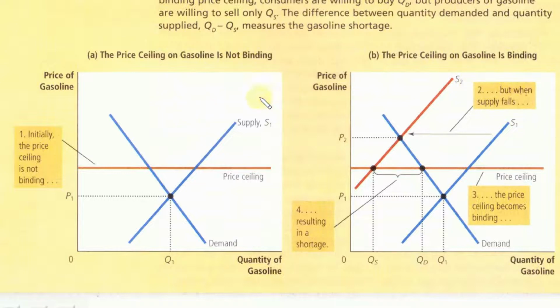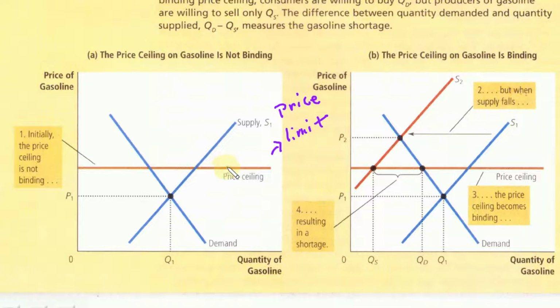This one, panel A and panel B, can be compared together. In the case of panel A, there is a price ceiling determined by the government, right? This is the government's price limit.